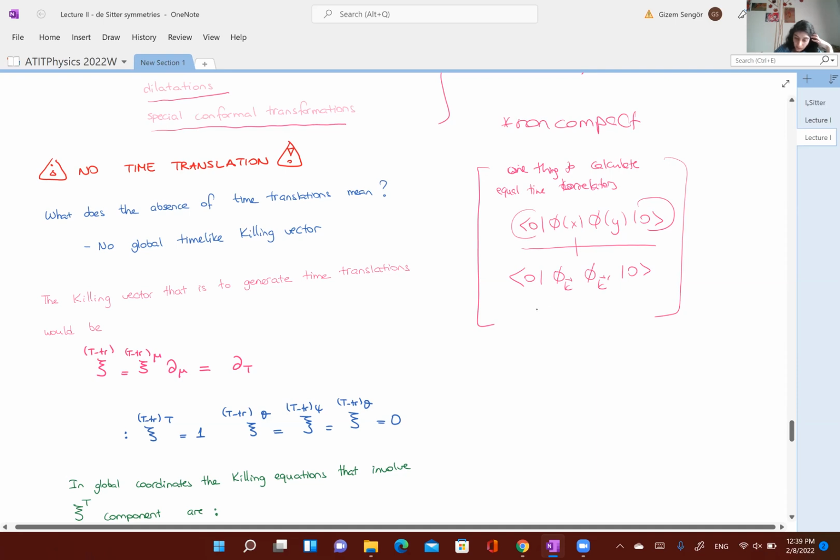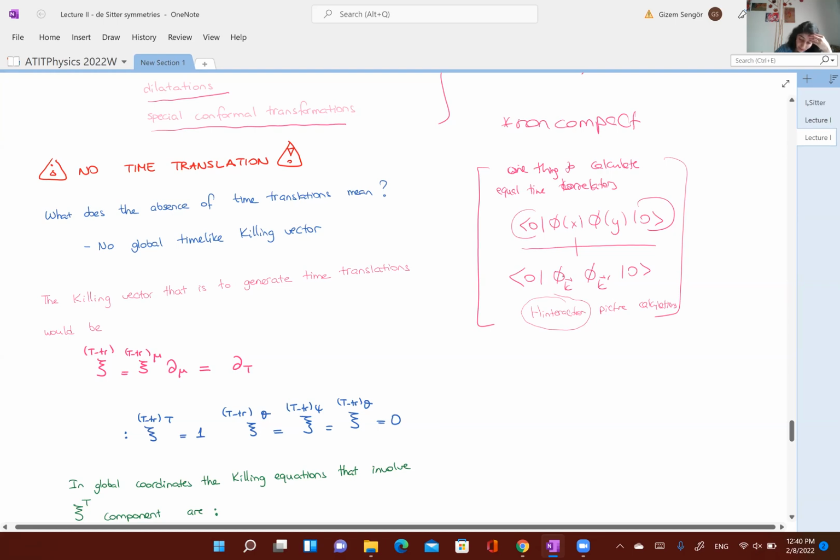You can even do all these interaction picture calculations. So here you include time evolution caused by interactions, the way you do in the quantum mechanics interaction picture.